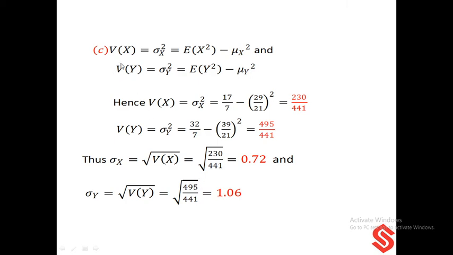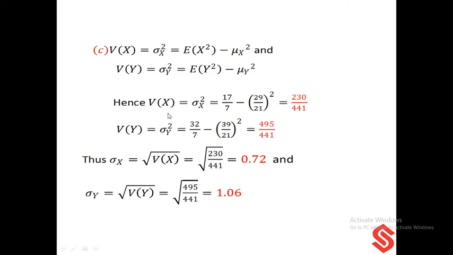Next, C, variance of x, that is defined by E of x square minus mu x square, and V of y is equal to E of y square minus mu y square.